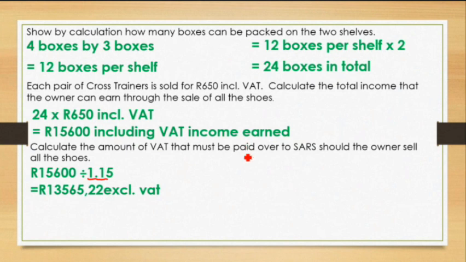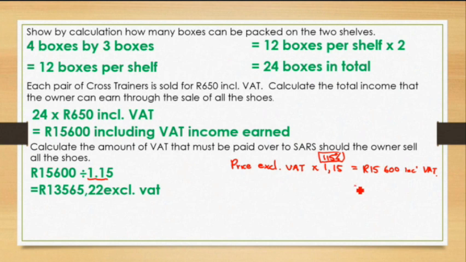And the reason for this, guys, is this is the price excluding VAT times by 1,15. I think you guys know that. Or 115% if you don't know the 1,15 situation. Then you get your answer, which is 15,600, including VAT.